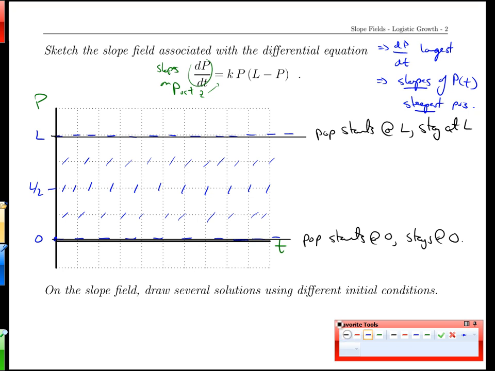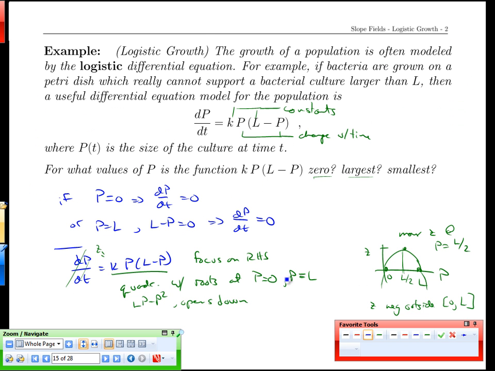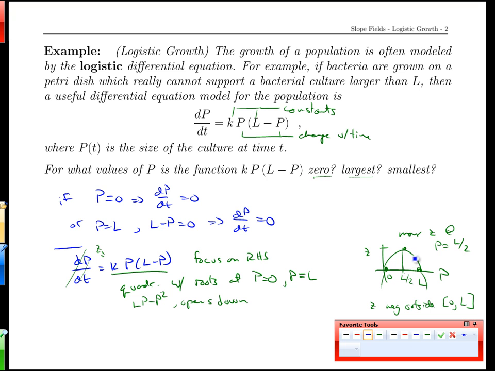With that in mind, this gives us a chance to explore what the solutions might look like. Let's say we started here. There's an initial population close to the maximum. We expect to have the population grow, but what would happen in between? Well, as we get closer to L, let's flip back a page. As our population gets closer to L, Z, which is our rate of change, gets closer to 0.